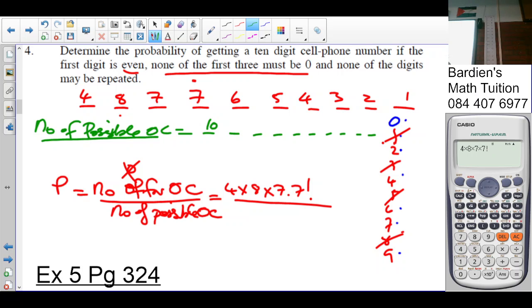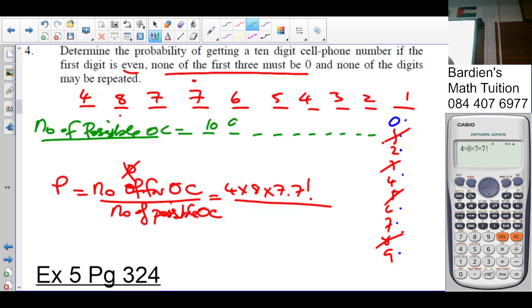Let's check what the answer is. 14 over 45. Okay, then they use 10 factorial. So it's 4 times 8 times 7 times 7 factorial over, yeah, they use 10 factorial. Why? Because the numbers are not repeated, correct?